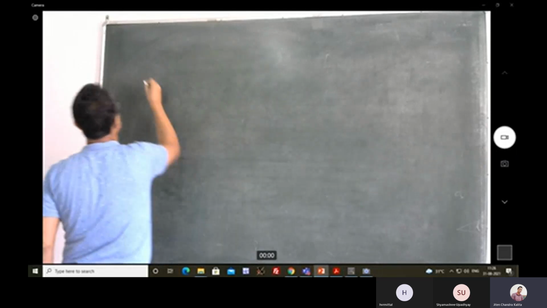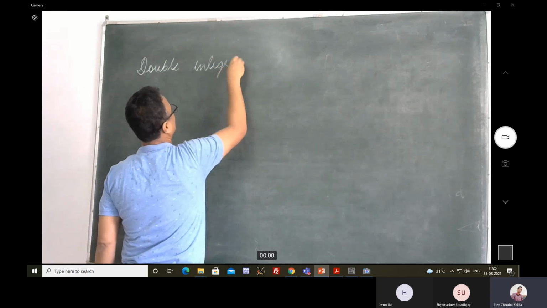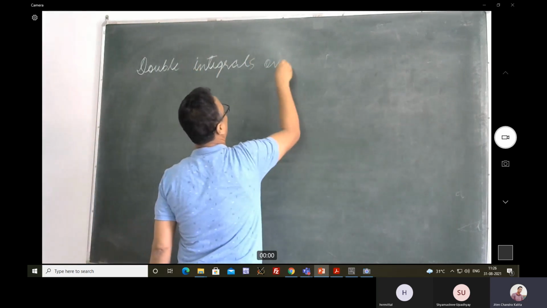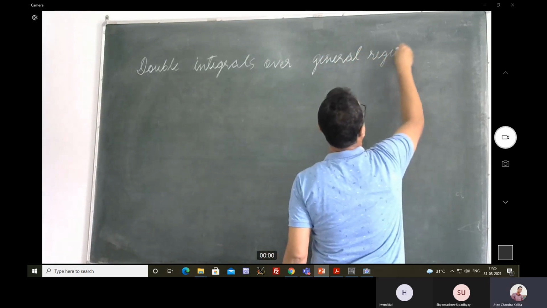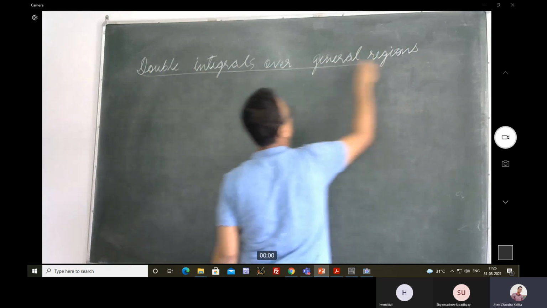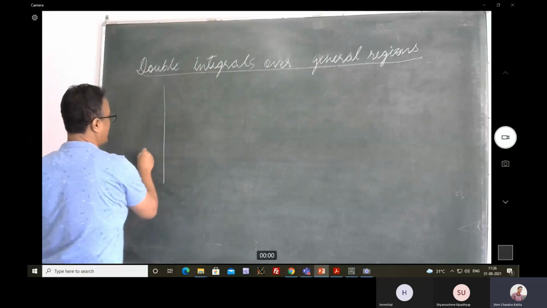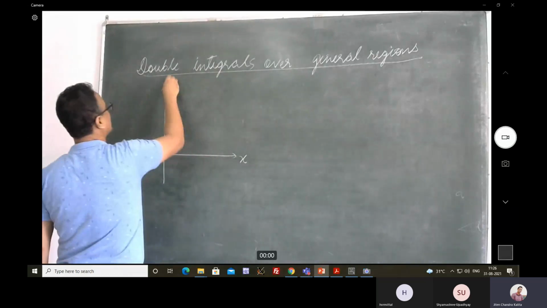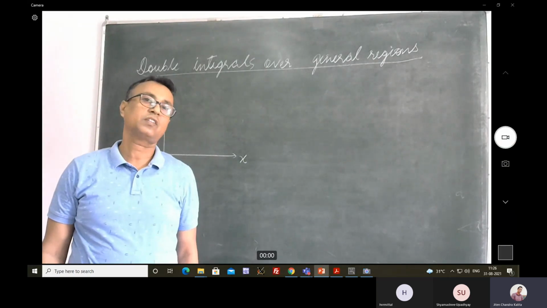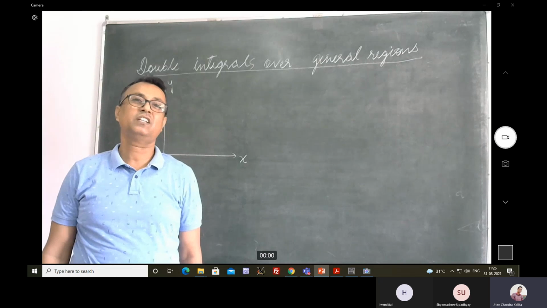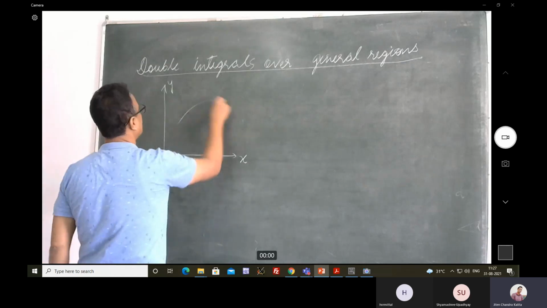It is double integrals over general regions. As I have told you, the domain of definition of a function is not necessarily going to be a rectangle in the two-dimensional plane. It can be any arbitrary domain.